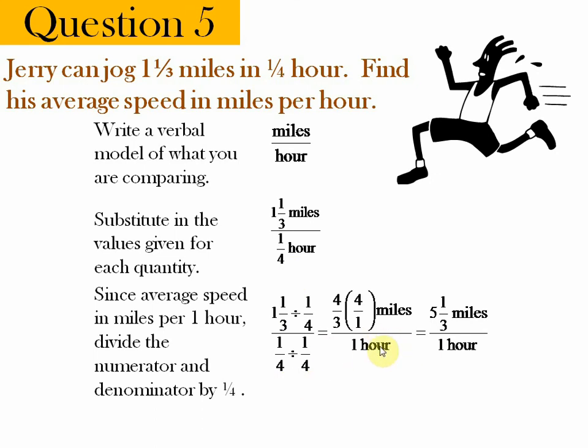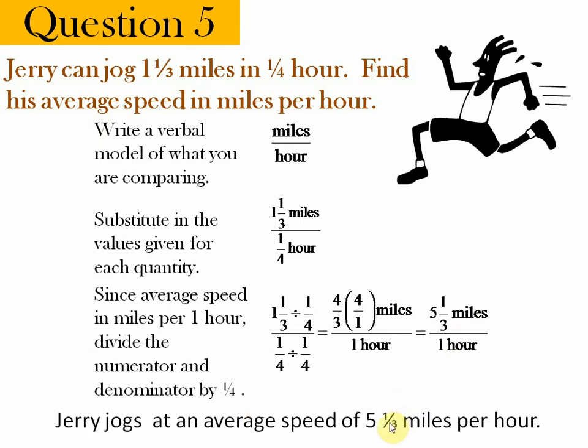We got 1 hour in the denominator, and in the numerator we changed the divide into multiply. We got the answer 5 1/3 miles in 1 hour. He asked to find the average speed in miles per hour, so 5 1/3 miles per hour is the average speed of Jerry's jog.